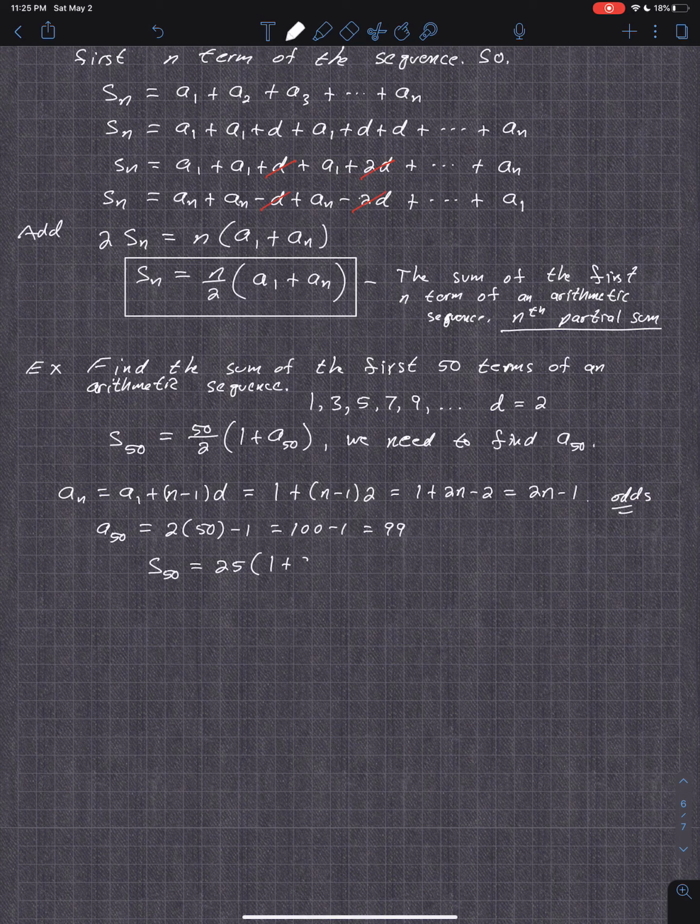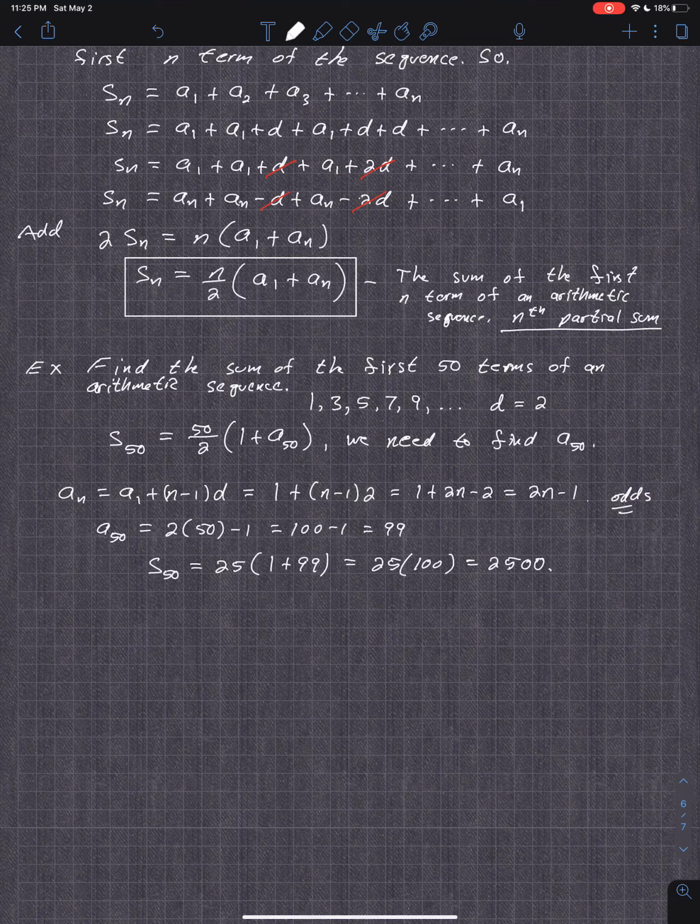And then it's 1 plus 99, which is 100. So it's 25 times 100. And so that's just 2,500. 2,500 is the sum of the first 50 terms of the odds. You add up all the odd numbers, you get 2,500, all the way to 50 of the terms.